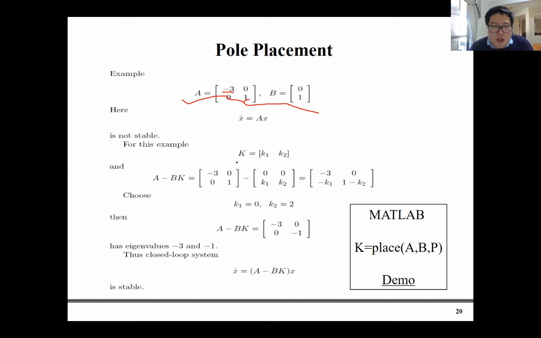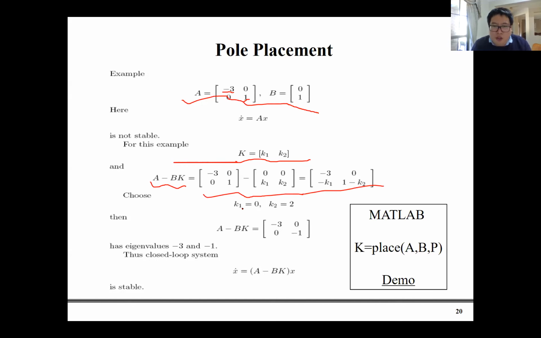Then if we choose K equal to K1 and K2 and use the state feedback control, the new A matrix for the state feedback control system is A minus BK, then it is something like this.